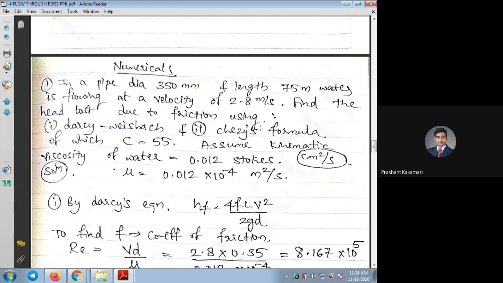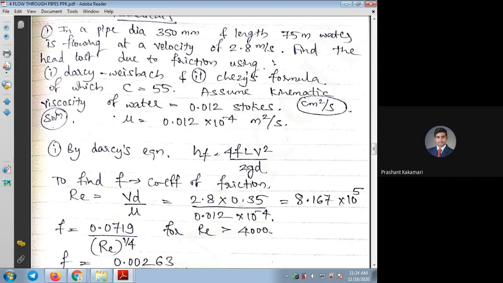So first, coming to the Darcy-Weisbach equation, anyone can recall 4fLv square by 2gd. Just directly using this equation, one can find out the head loss due to friction. But in this formula, we don't know the value of the coefficient of friction f. Length is given, velocity is given, diameter is given, g is constant.